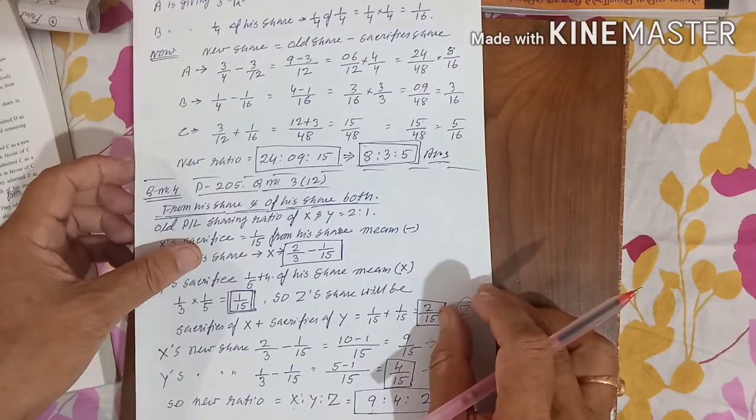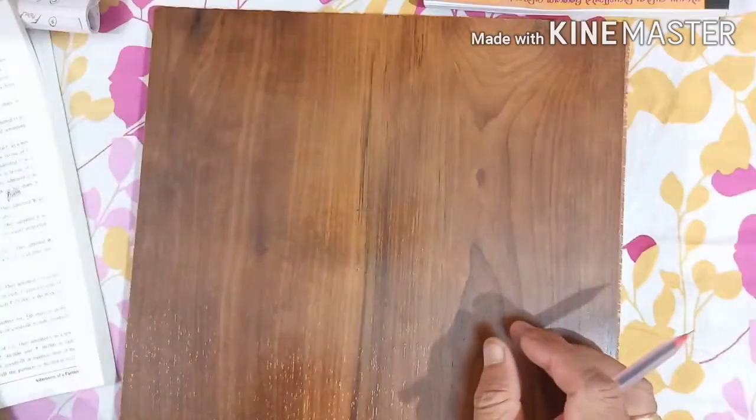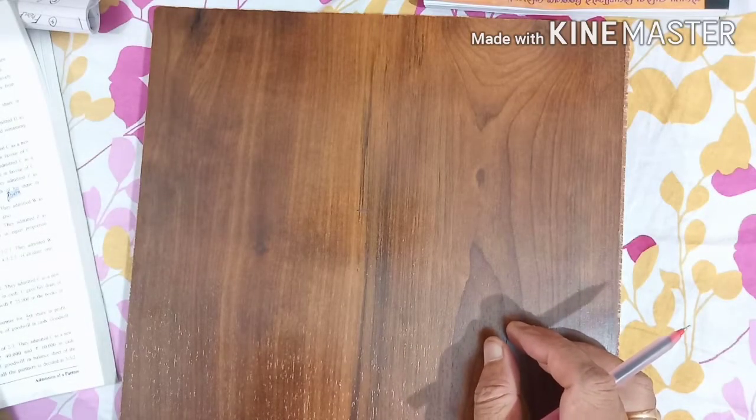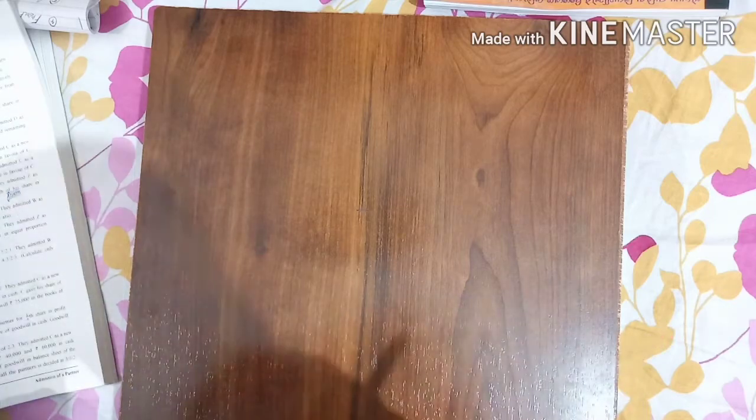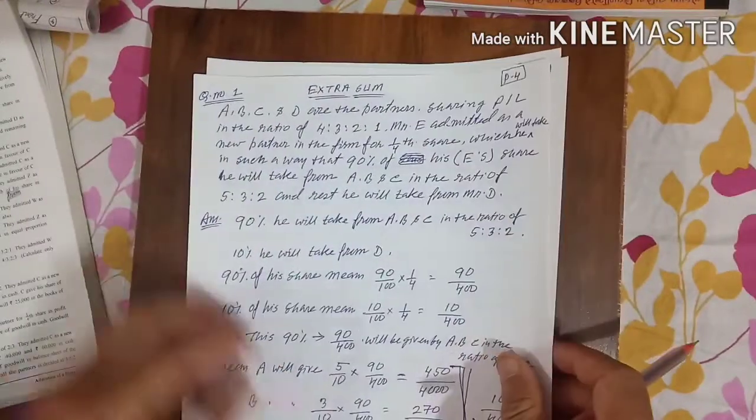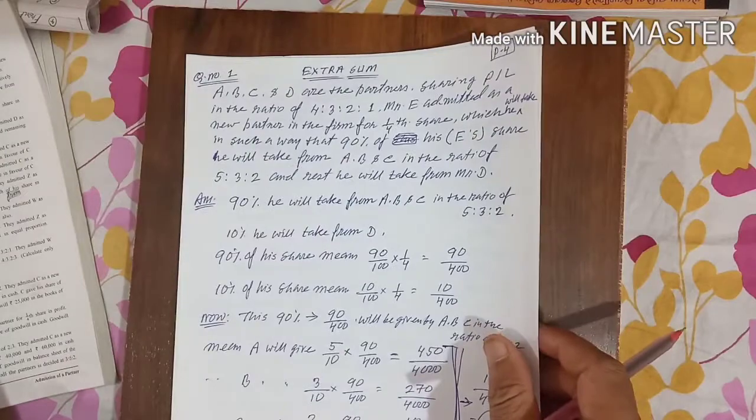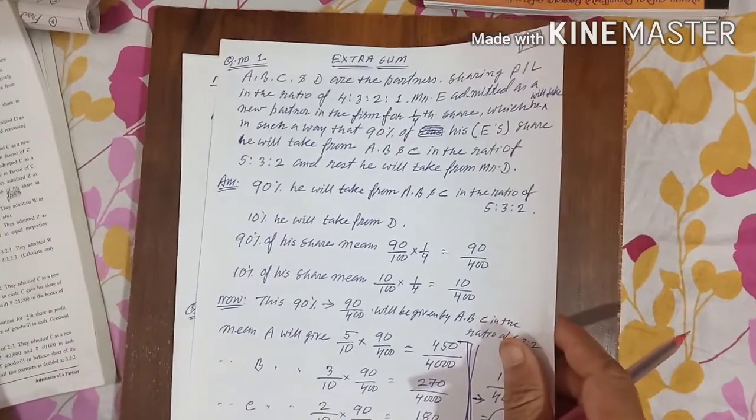So I think you are understanding these things. I want to tell you the extra types of sums from this chapter. There are so many extra types of sums apart from your textbook.